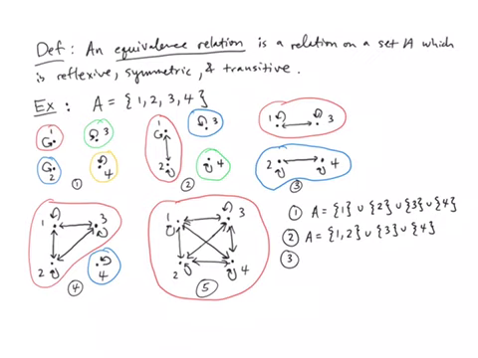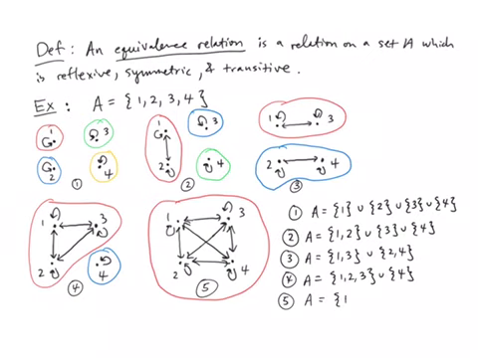And then the third picture corresponds to writing A as the set containing 1 and 3 union the set containing 2 and 4. Number 4 corresponds to writing our set A as the set 1, 2, 3 union the set containing just 4, and 5 just corresponds to A is equal to A, the set containing 1, 2, 3, 4. Right, everything all bunched together.